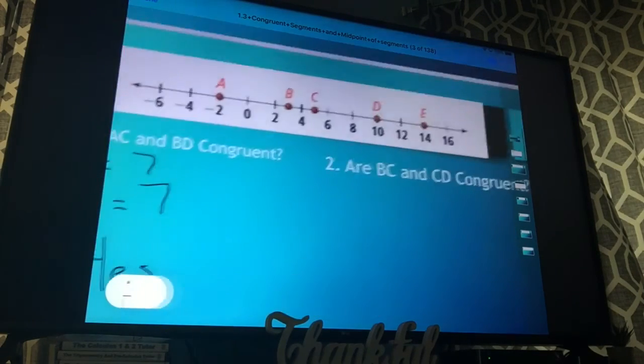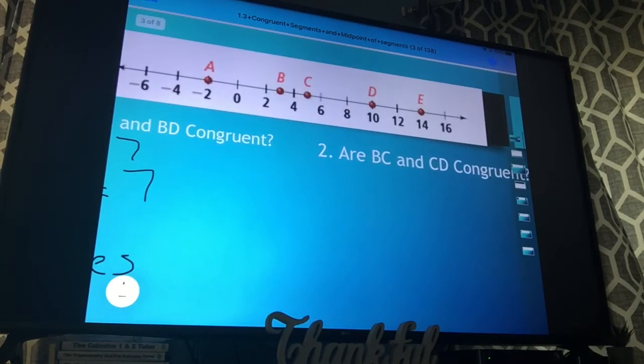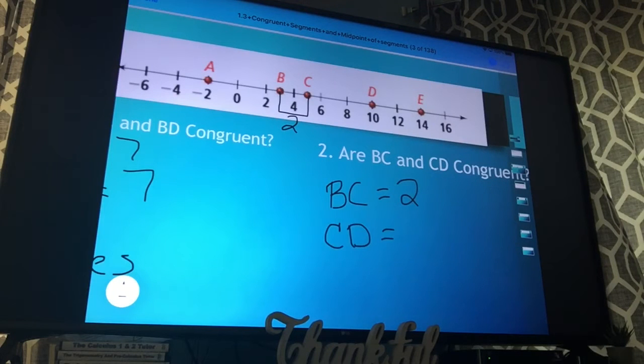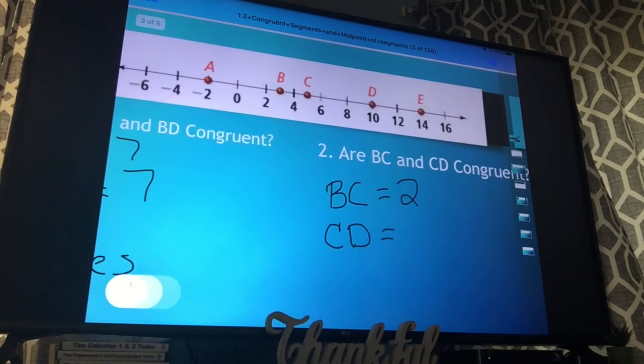The next one says, are BC and CD congruent? So let's look at BC. BC starts at 3 and it ends at 5. From 3 to 5, we got 3, 4, 5. It's 2 units. So BC equals 2, and CD we don't know yet. So let's look at CD.